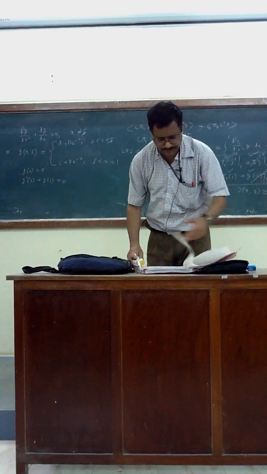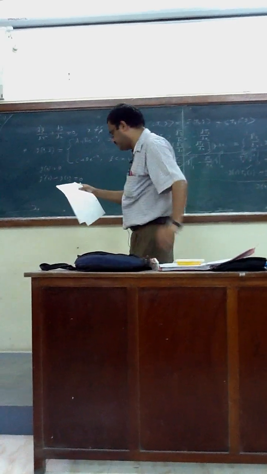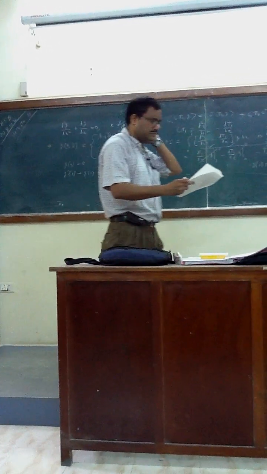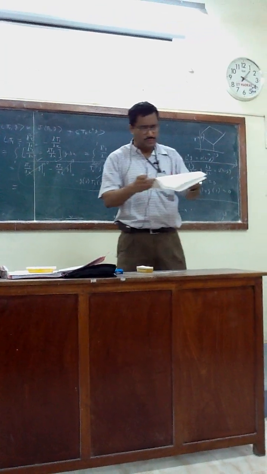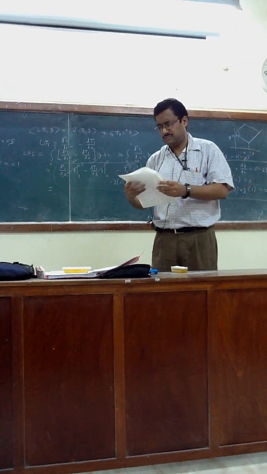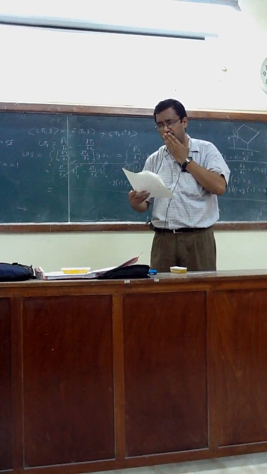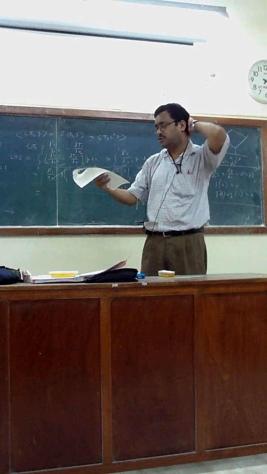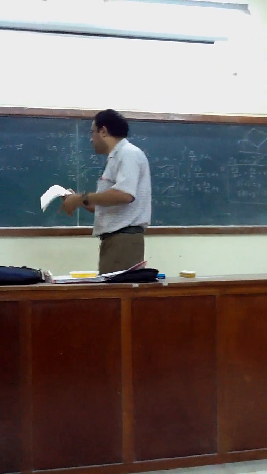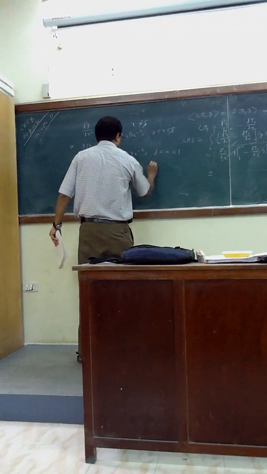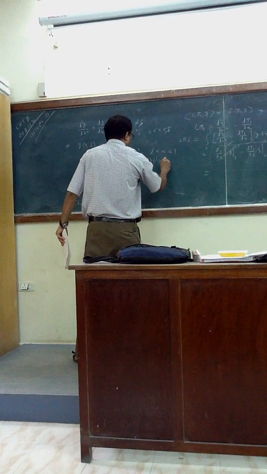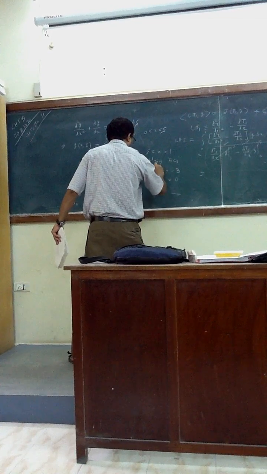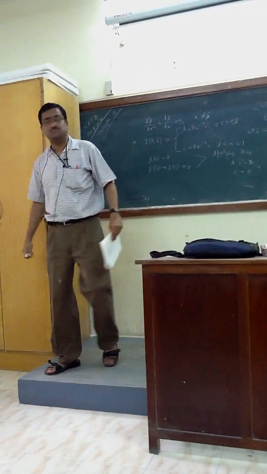Apply B and C, what you got? Some relationships you will get. A plus B equals to, you are very correct. So applying boundary conditions, A equals minus B and then C equals 0. Excellent. You understand everything? Very good.